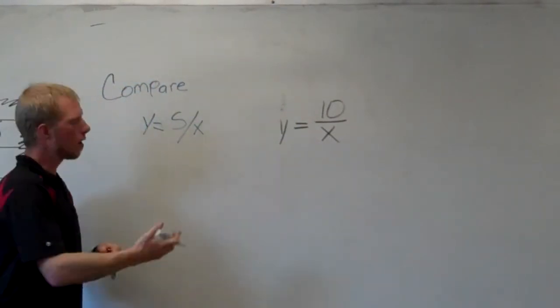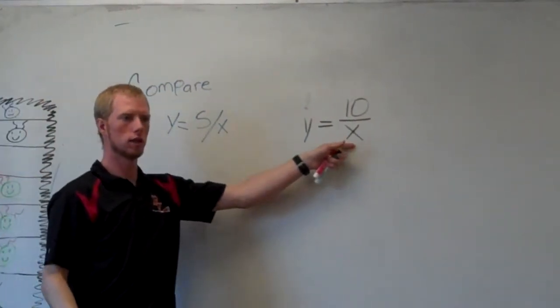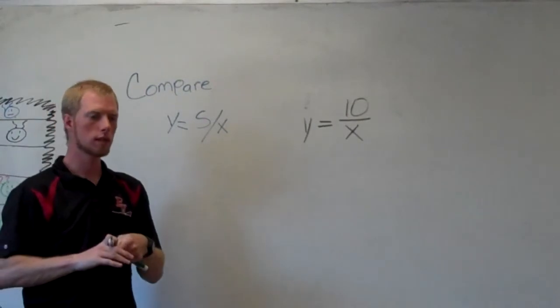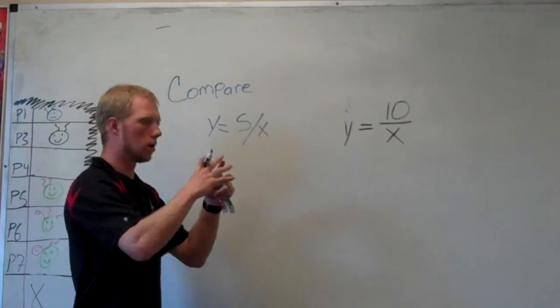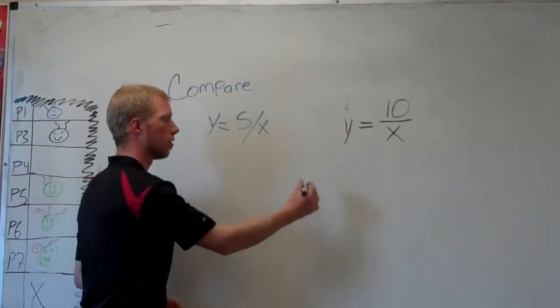Okay, so if I want to compare 5 over x to 10 over x, this is interesting because it tells us what our branches tend to do.